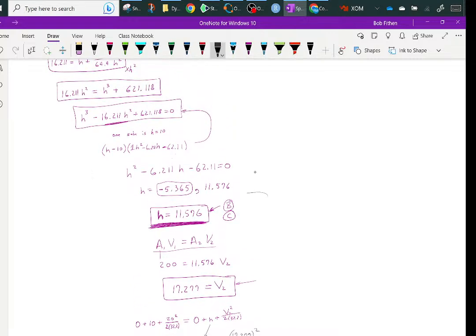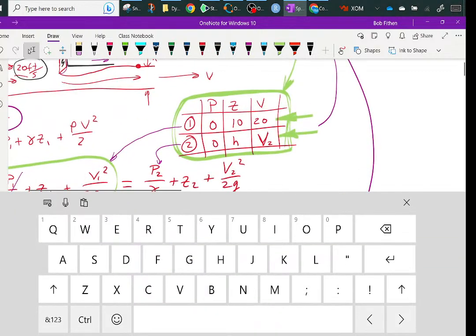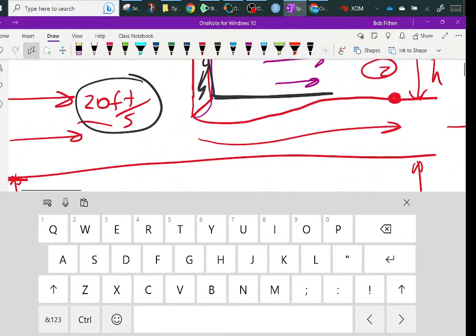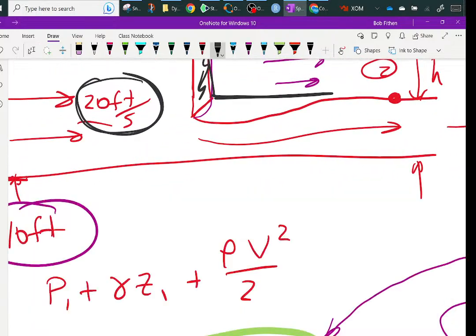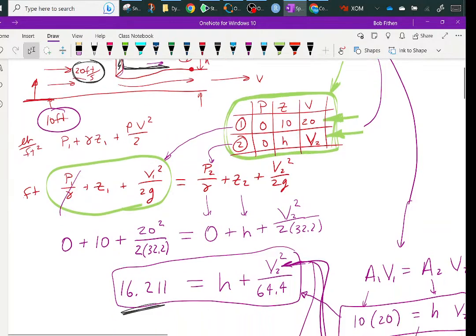This is rare. And this is my own fault. I should have made this a smaller number. If I'd have made that a smaller number, it would have come out to be a lot lower. But that's my fault. I gave it too much energy. Yeah. I should have made that 10. If you'd have made that 10, it would have changed a lot of stuff.